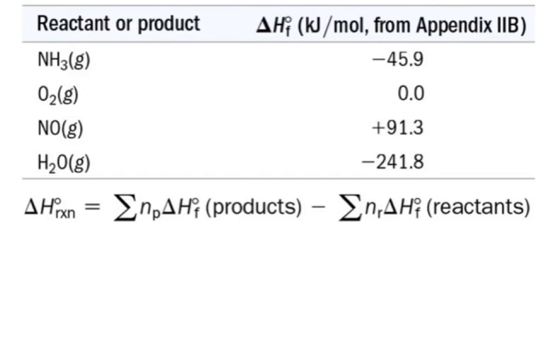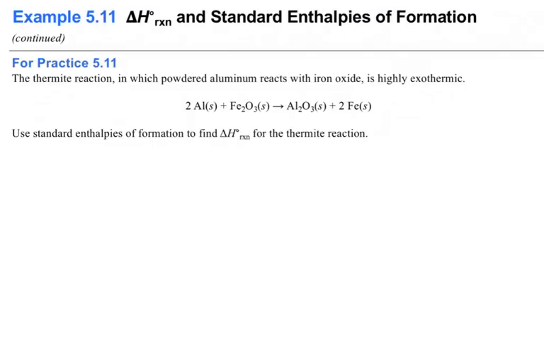Okay, so this was the data from the previous example. So here we have another equation. It's highly exothermic according to the question. And what we'll do is we'll go to the appendix to get the values.